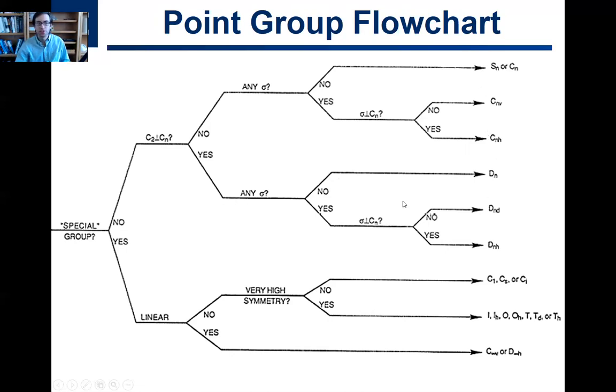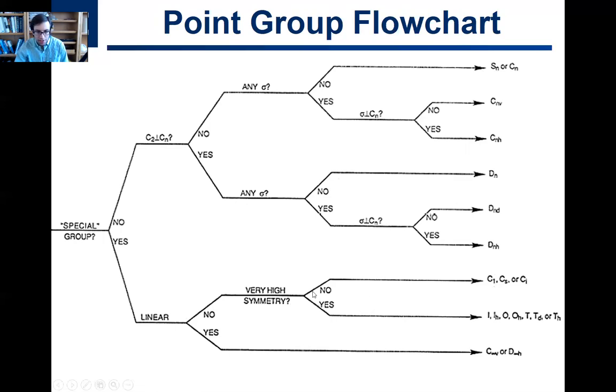There are some other not very common ones here, so let's go over that. I mentioned Sn. That means it just has identity and the improper rotation axes. Those are very rare. C1, these are low symmetry ones now.